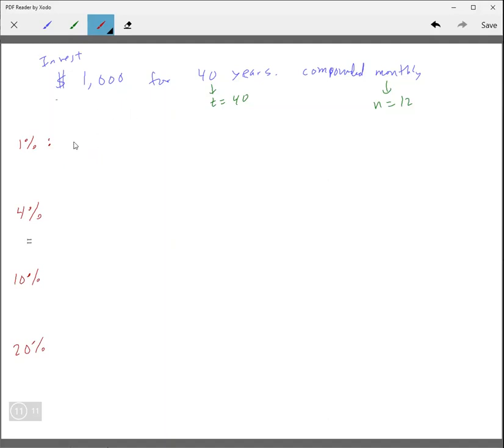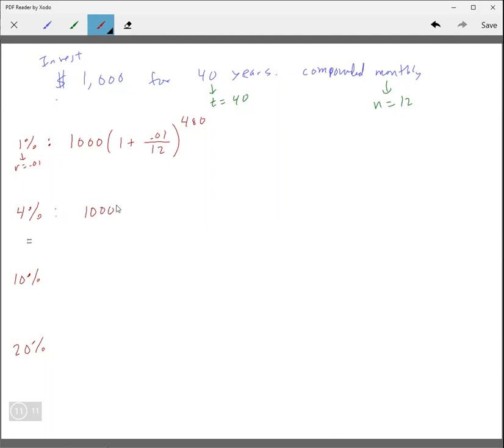Okay, so plugging everything in, it's P times 1 plus the interest rate, which here is 0.01, so 0.01 over 12. And then 12 times 40, let's see, what's 12 times 40? Okay, that's 480. In fact, we can just calculate all these out for just a second.